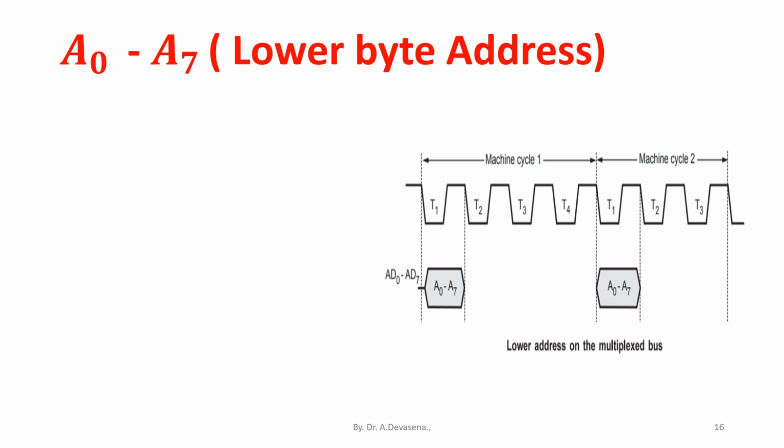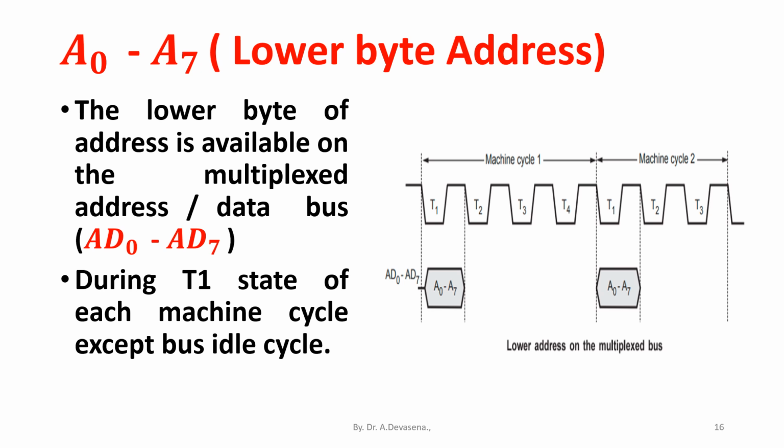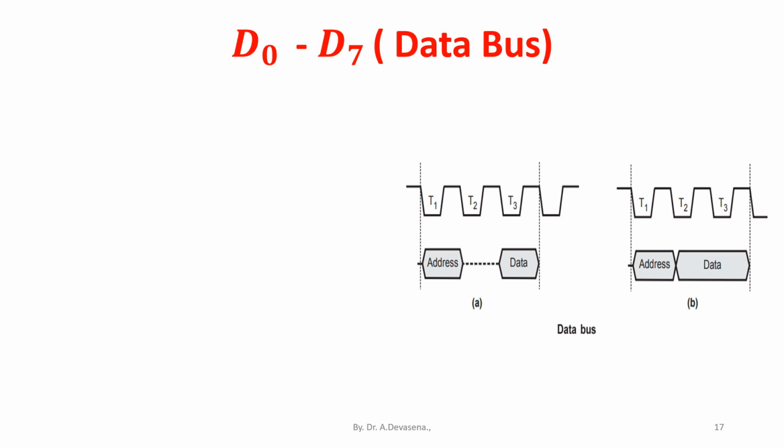A0 to A7, lower byte address. The lower byte of the address is available on the multiplexed address/data bus AD0 to AD7 during the T1 state of each machine cycle except bus idle machine cycles. D0 to D7, data bus.